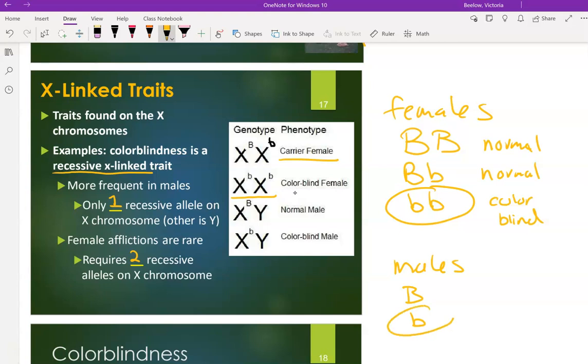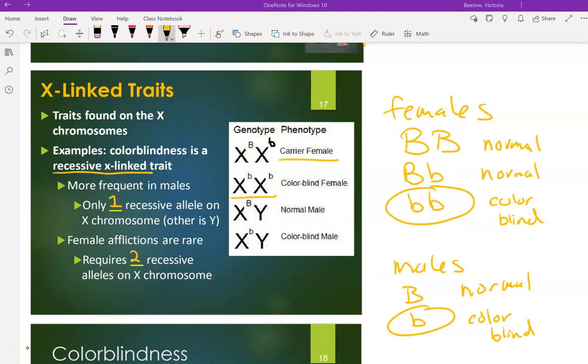So this would be a normal male, and this a colorblind male. For a female, she would have to get 2 copies of the recessive trait.